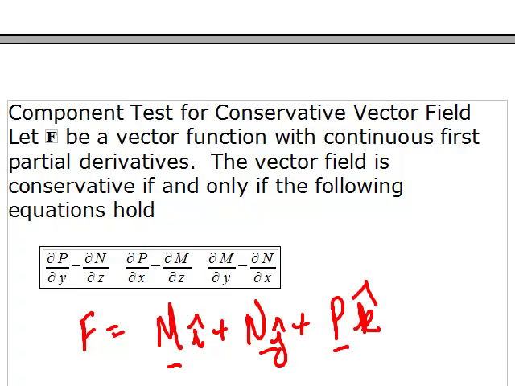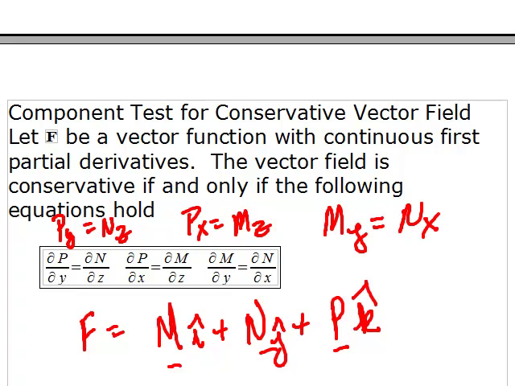So you have these three functions. You take their partial derivatives, and if p_y equals n_z, and p_x equals m_z, and m_y equals n_x, if those three hold, then it is a conservative field. That's the component test. You don't have to look for the potential function.